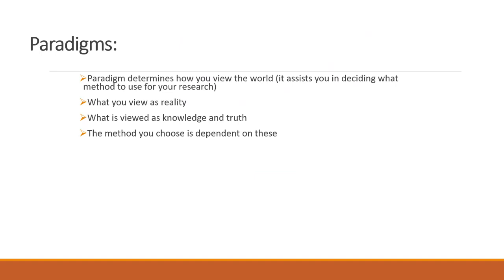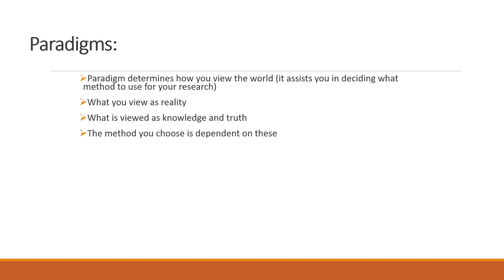So when conducting research, we have paradigms, various paradigms that we think about when doing research. So what guides your research? How are you going to be approaching your research? It is going to be determined by how you also view the world, how you look at things.